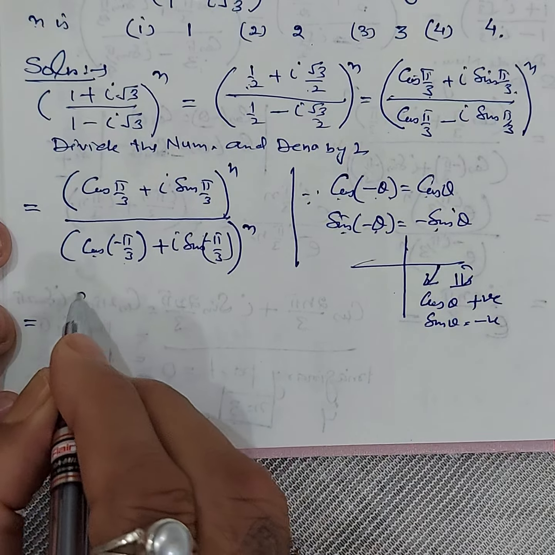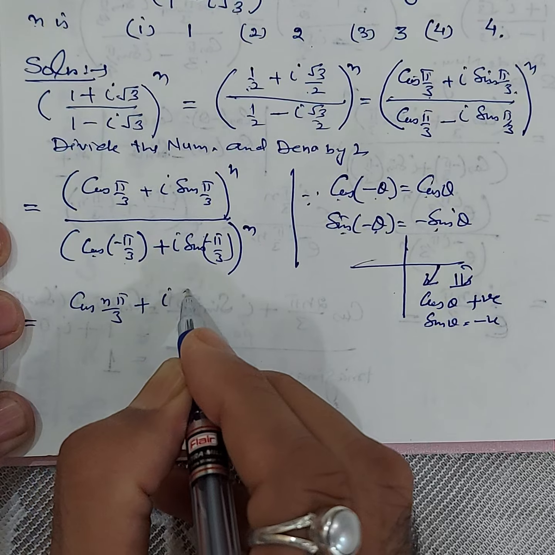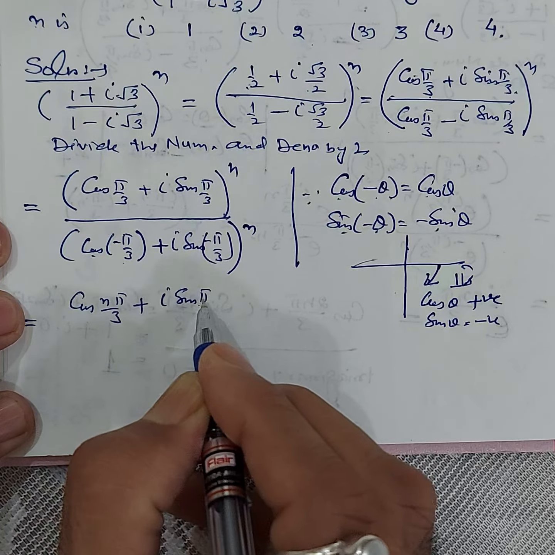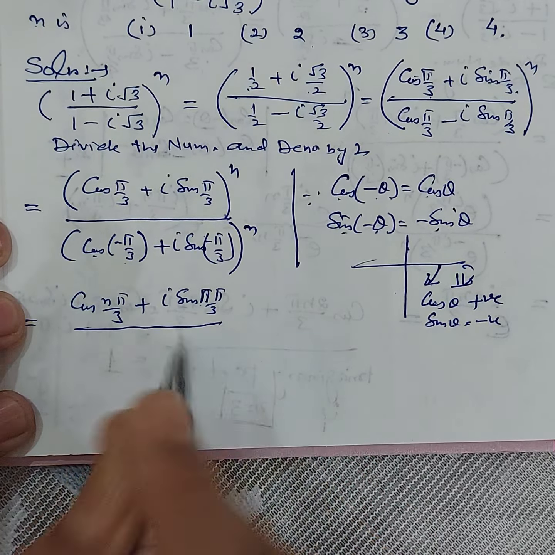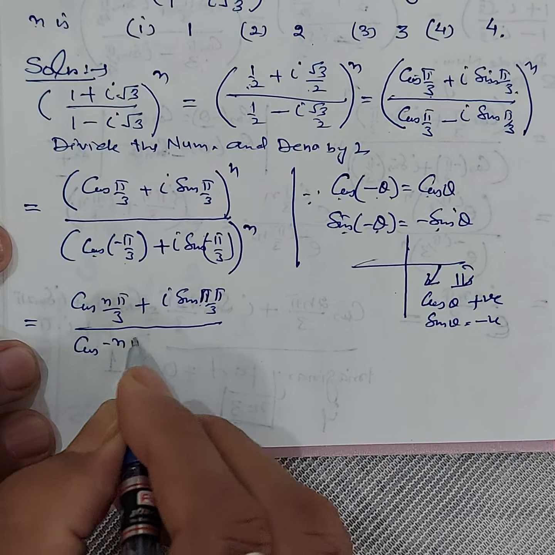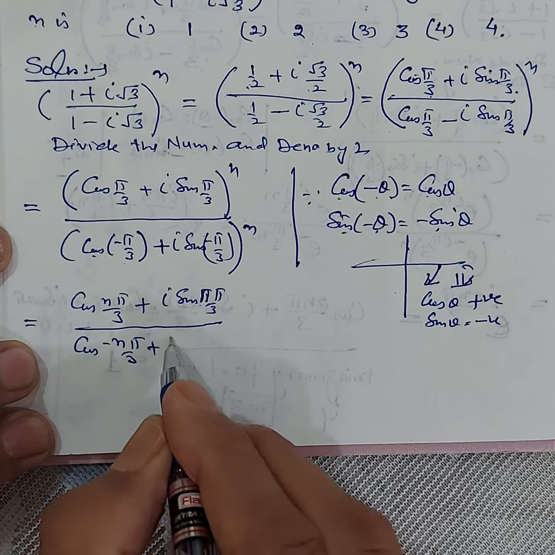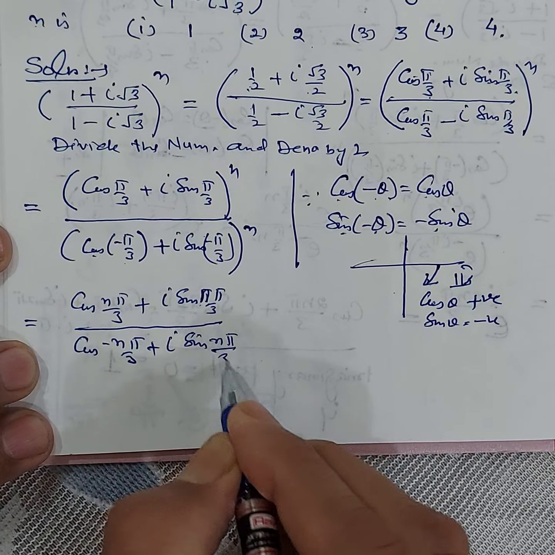So this will become cos n pi upon 3 plus iota sine n pi upon 3 divided by cos minus n pi upon 3 plus iota sine minus n pi upon 3.